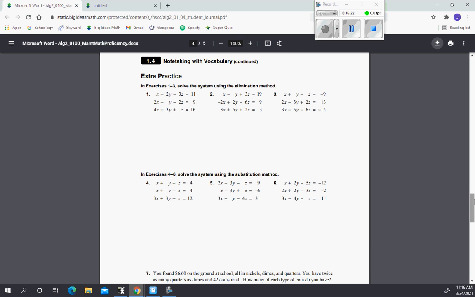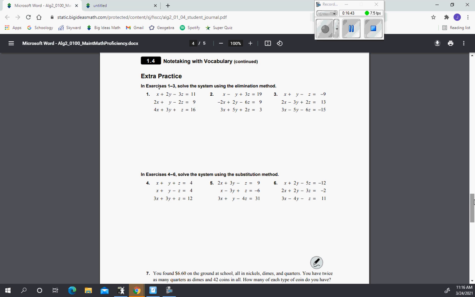Elimination. First thing you want to find, does any variable cancel itself out right away between two equations? Look at our x's. Do I have any opposites? Nope, x, 2x, and 4x. No opposites there. So I'm not going to use x right now.